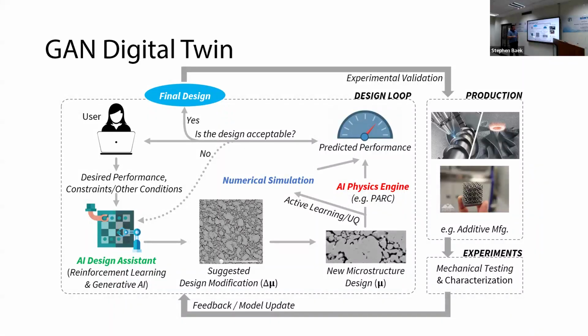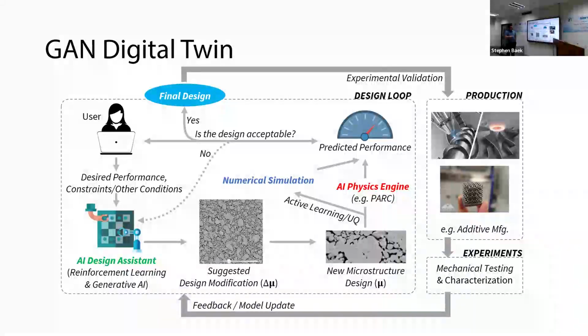As we go over the loop, we get closer to an optimal design, and that will produce some final design candidate, which then gets sent over to manufacturing and material testing.